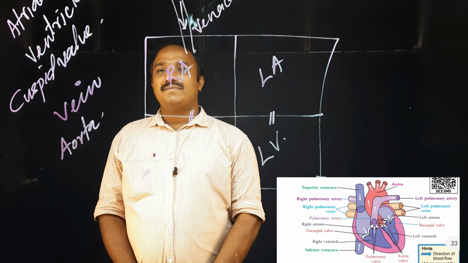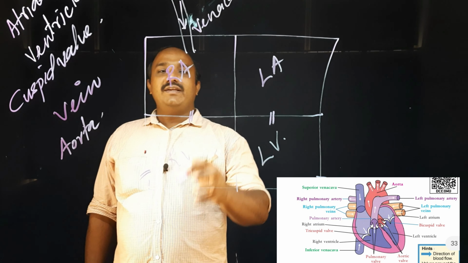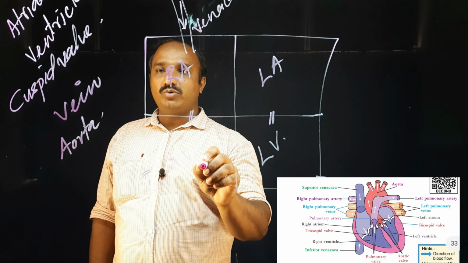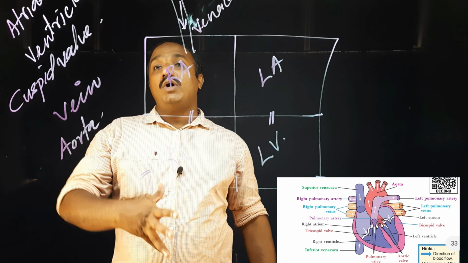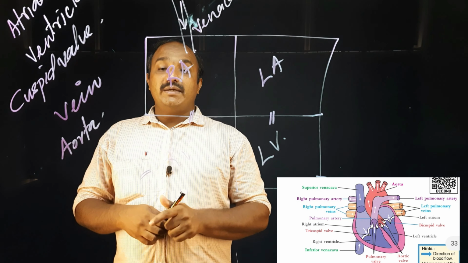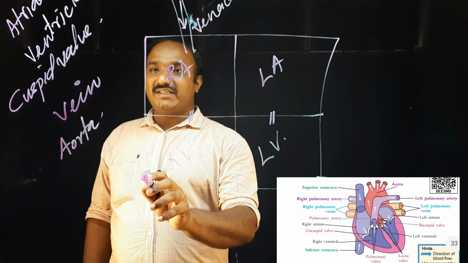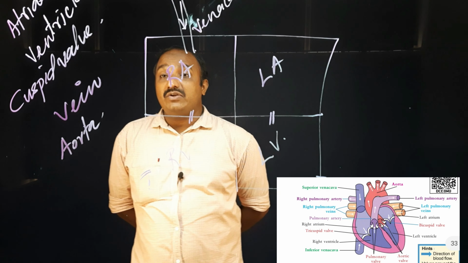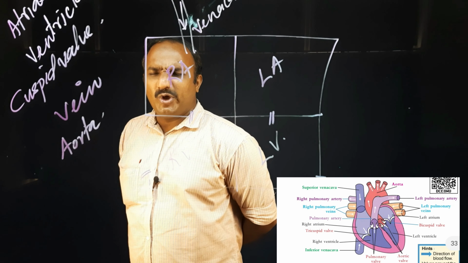Then when the right atria is filled, the blood will pass to the right ventricle. When the two are filled, the heart will contract and the blood will come out from this area, the right ventricle. Which kind of blood is it? It is impure blood.